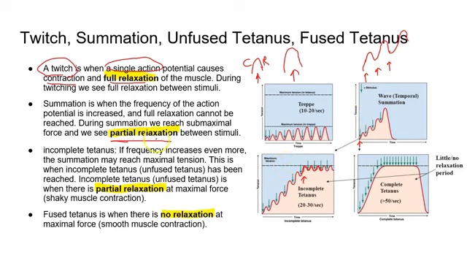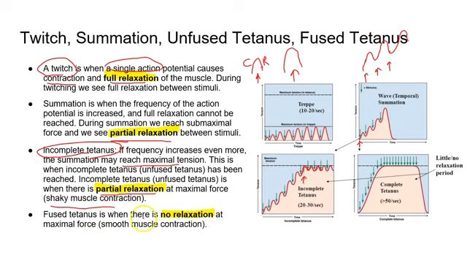For incomplete tetanus, when the frequency increases even more, we may reach the maximal tension, but still there is a partial relaxation, which shows the shaky muscle contraction.